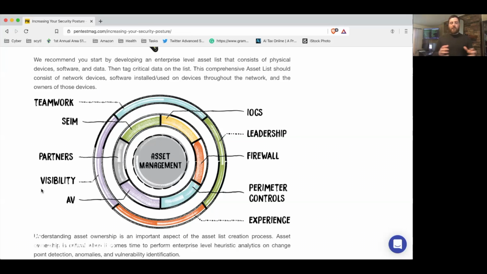There's that entire life cycle of what information and infrastructure do you have that someone might want to steal. But you don't really want to start there. You want to start with everything you have. If you have anything inside of your entire environment, you want to have that inside of an asset management program.